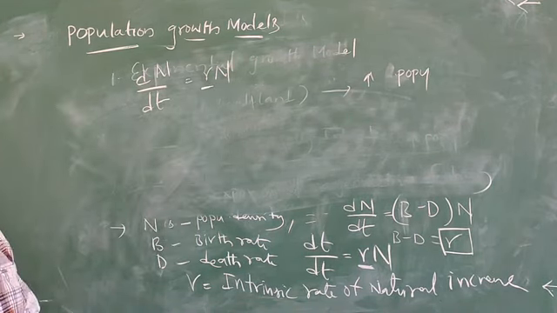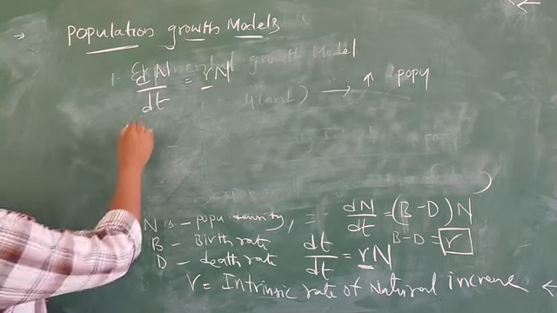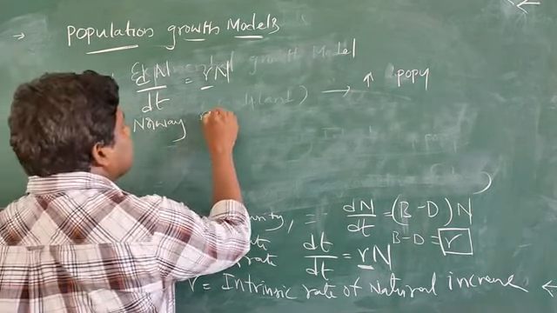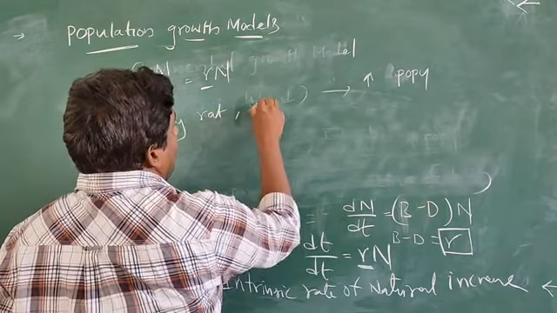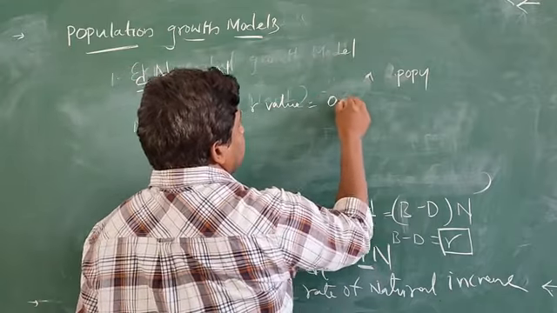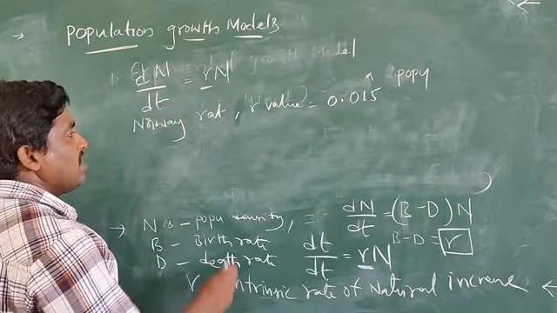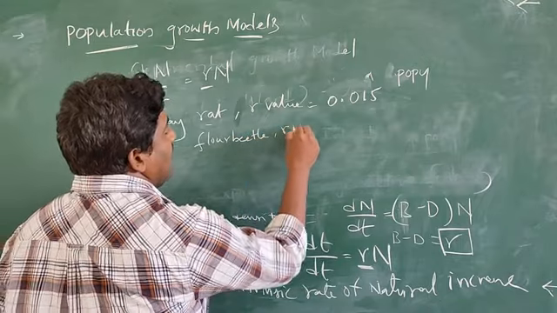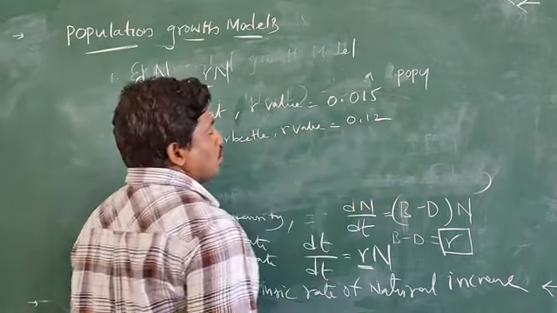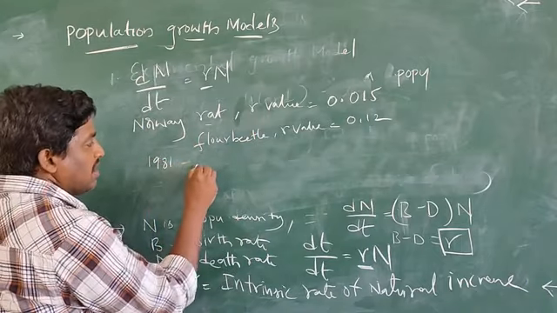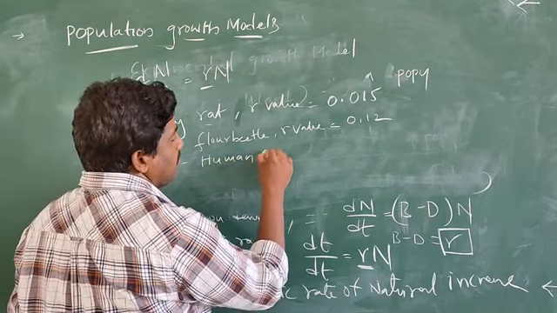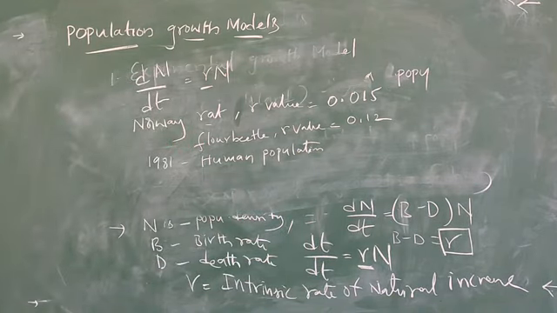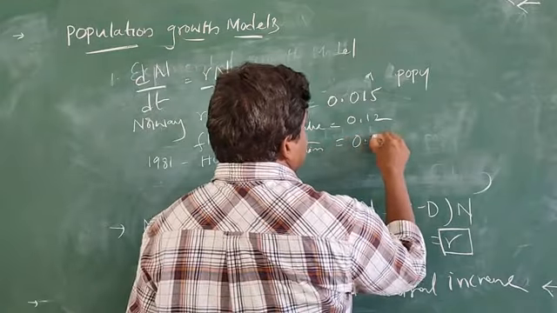The ecologists defined different regions. In Norway, the rat's r value is how much increase? 0.015, and the flour beetle's r value is 0.12, and in 1981 the human population, in the human census, how much increased? 0.0205.